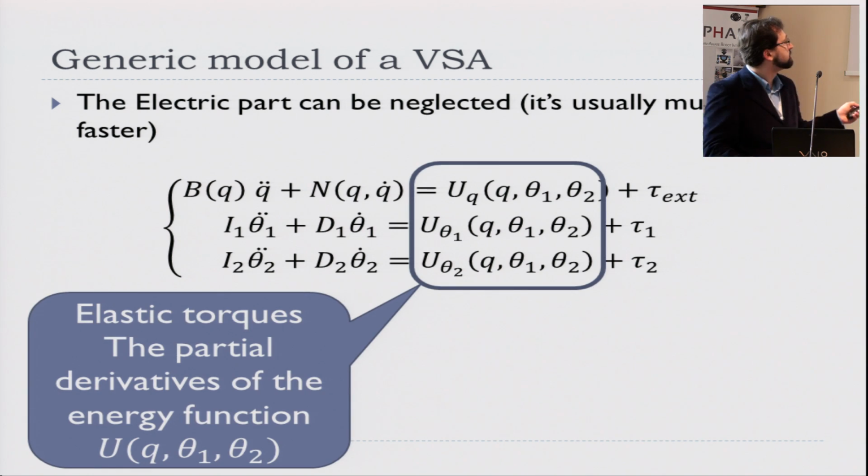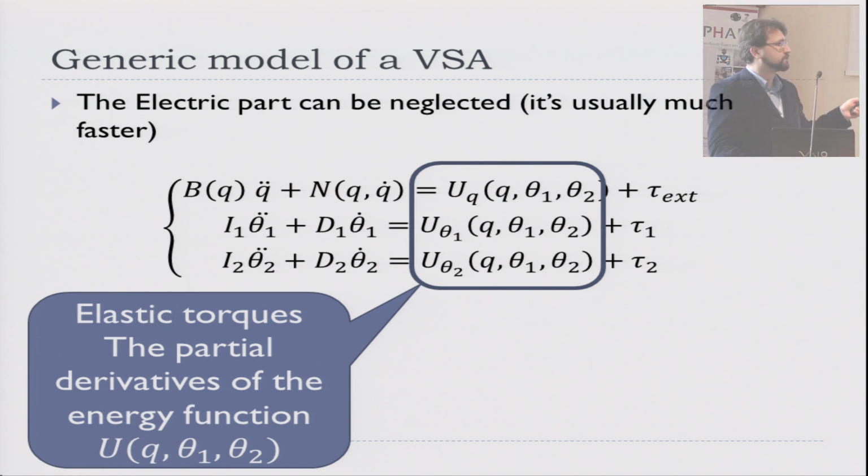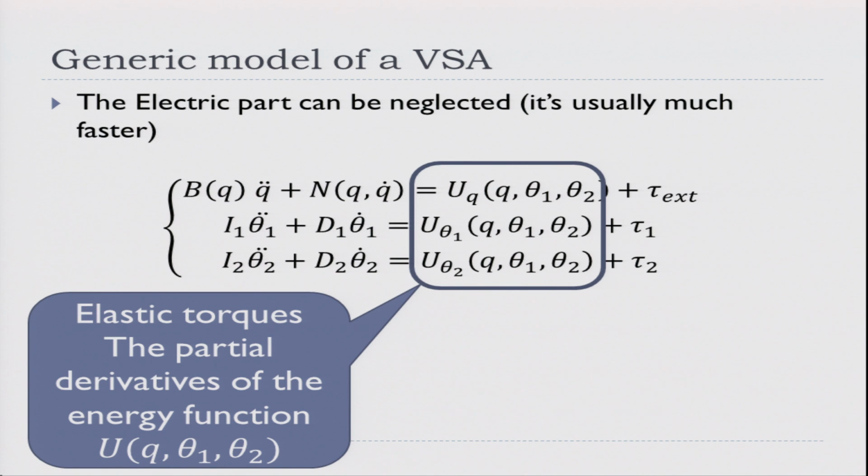Another important part is that these 3 here are the elastic torques. So these 3 functions model the nonlinear elastic transmission. And all these 3 functions are partial derivatives of an energy function U, which is defined on Q, theta 1, and theta 2.